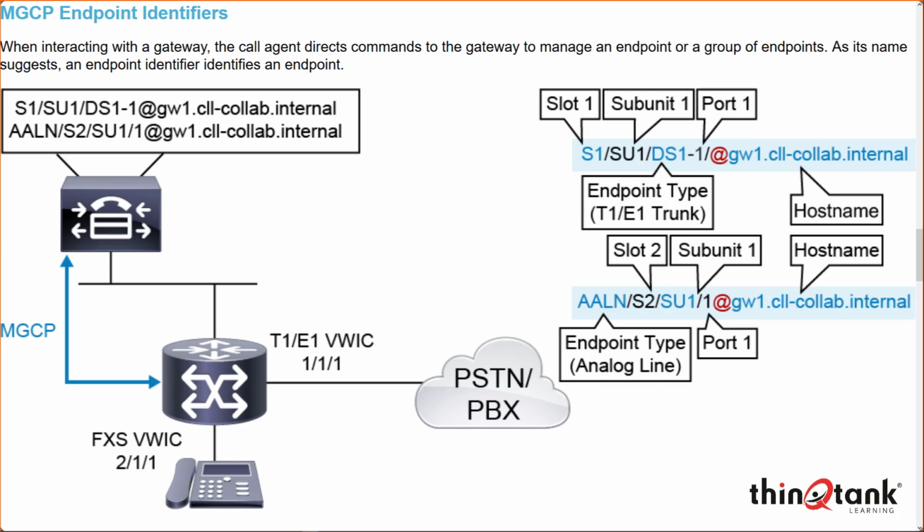But again, it's not very arbitrary. It literally has to do with how the cards are inserted into the platform. So if you go into an ISR router that's acting as an MGCP gateway and you do a show inventory, you can see exactly what cards are in what ports and what designations they are for the slot and the subunit and so on.